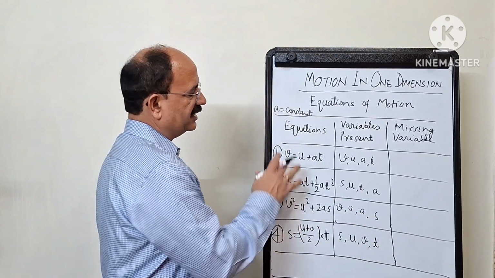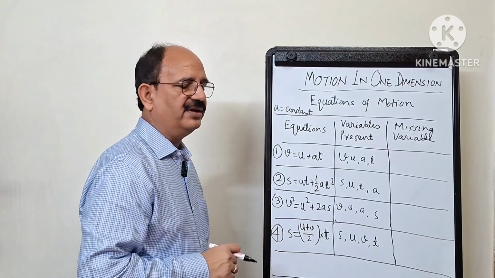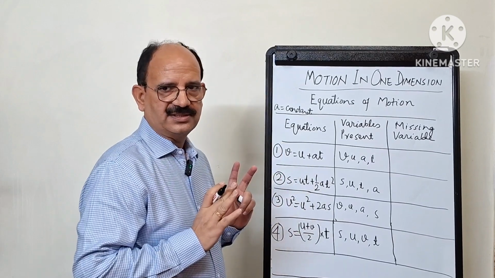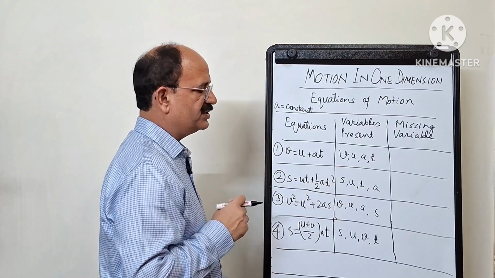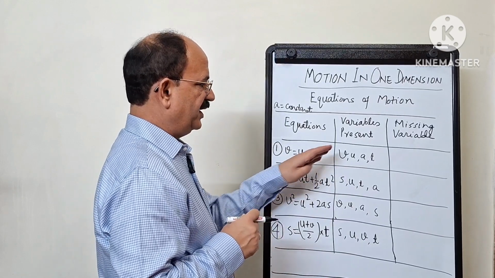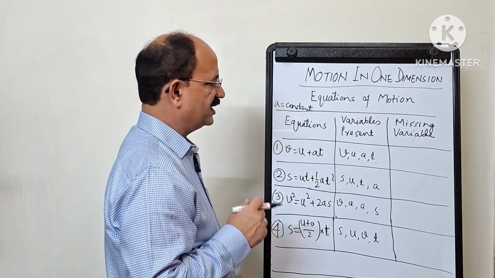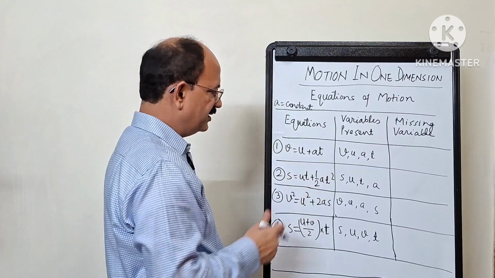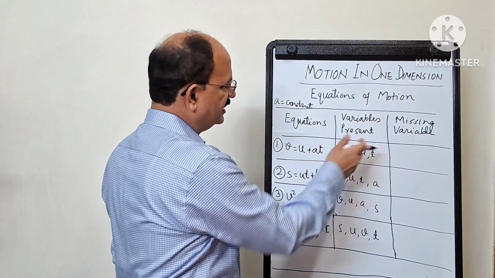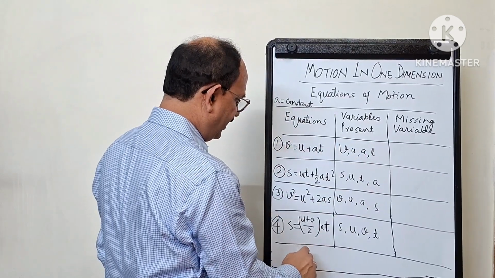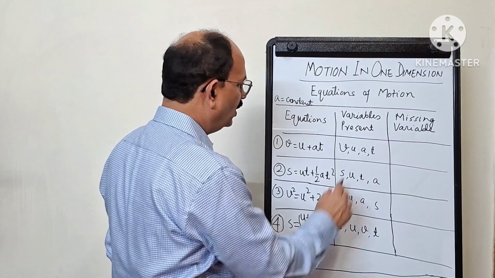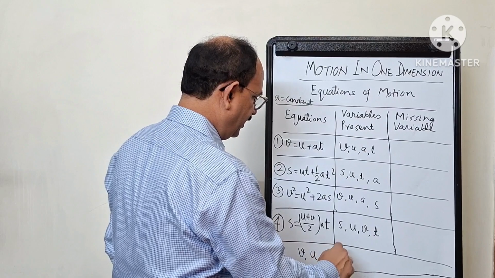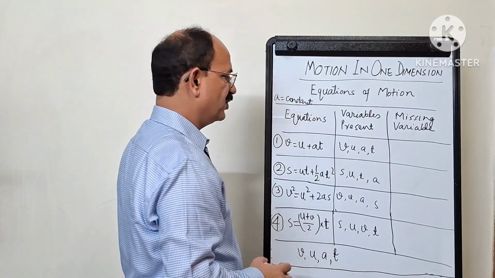What you are noticing is that all these equations have four variables. There is another unique thing you need to understand. If you look at all these equations, how many total variables do they deal with? Let's write that. If I take the first set, then v, u, a and t are the four variables.